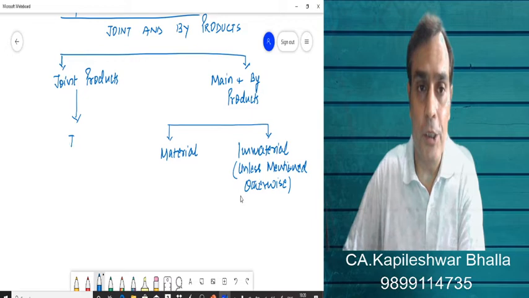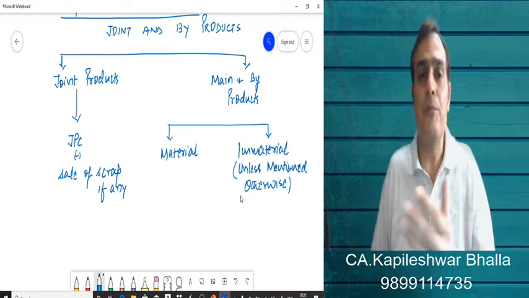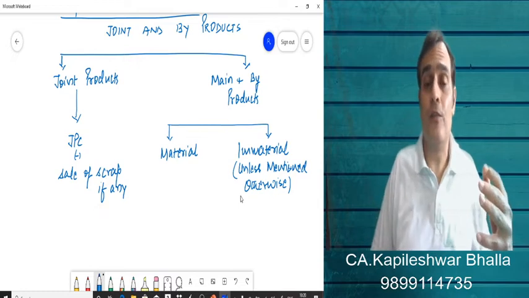So if it is a case of joint products, you know what you're going to do? You will take the JPC minus the sale of scrap, if any. Yes, this is the deduction, because the examiner would also at times give you information about the sale value of the scrap.